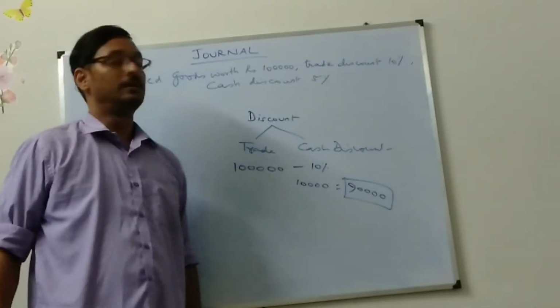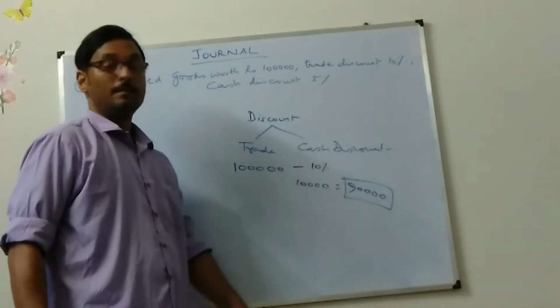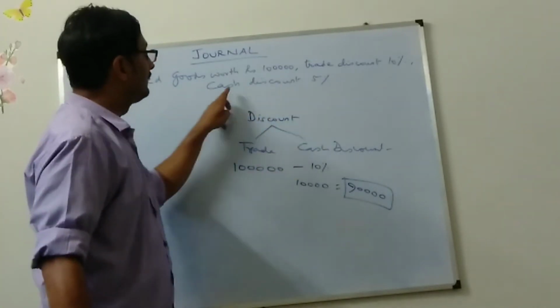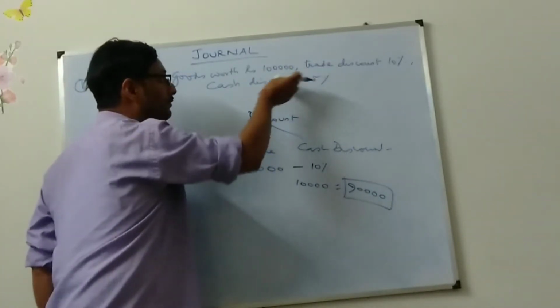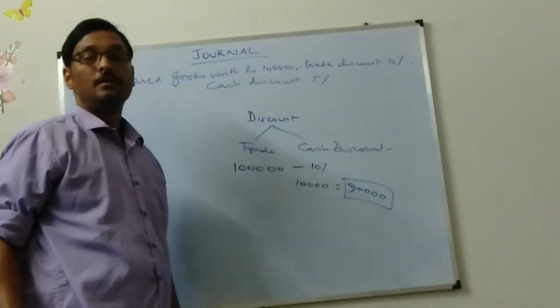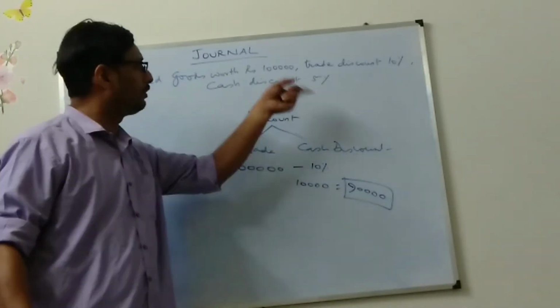What is cash discount? Cash discount means you have got the goods for 90,000. You don't need to calculate this cash discount on 1 lakh. No, because you have got these goods for 90,000. So you will be getting the discount on 90,000, not on 1 lakh.